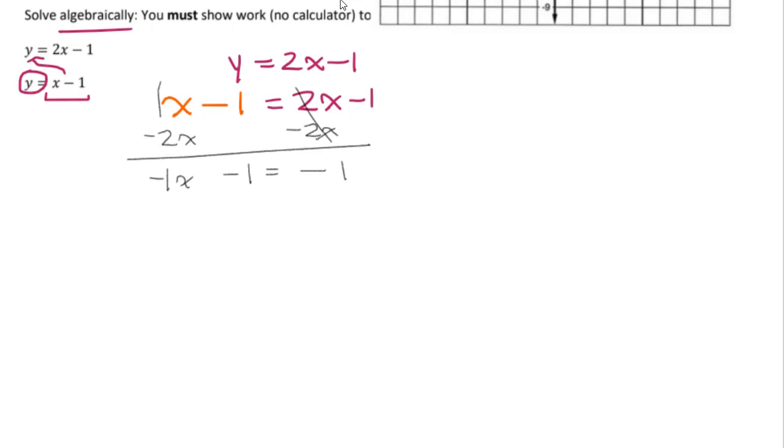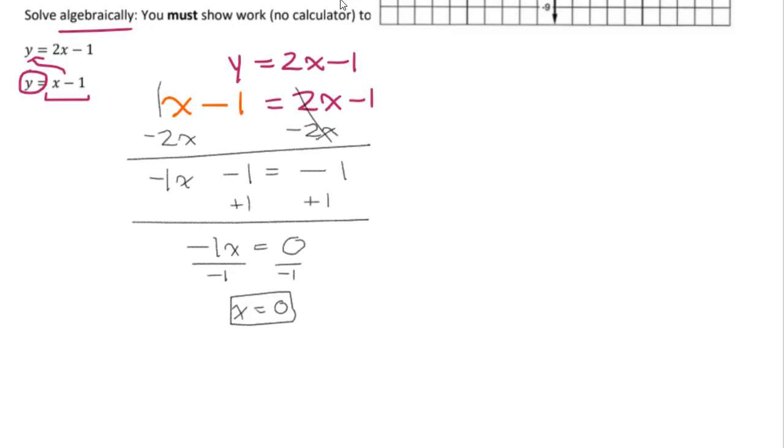It's only going to take me 2 steps to solve because x is right here and I have 2 things in the way. I'm going to get rid of adding and subtracting first. I get -1x equals 0. Interesting. I'm going to continue solving, dividing by -1 on both sides. 0 divided by -1 is just 0.